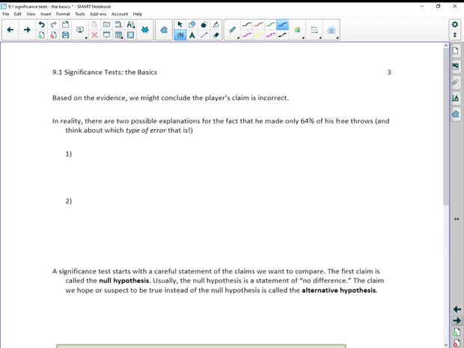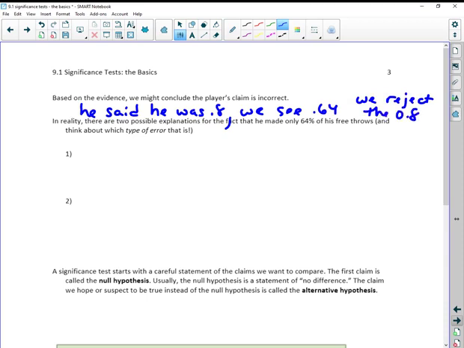But in this situation, because of the result we got, what could happen? He said he was 0.8. We see 0.64. We reject the 0.8. We don't believe that. So what could be true? We are correct.